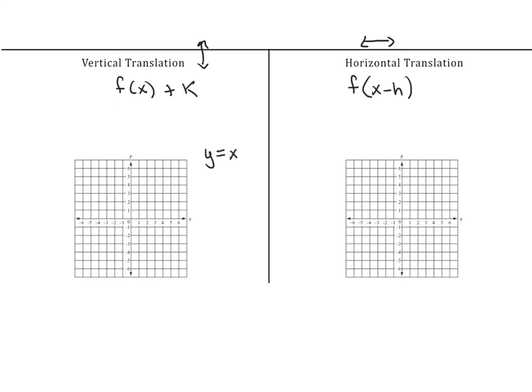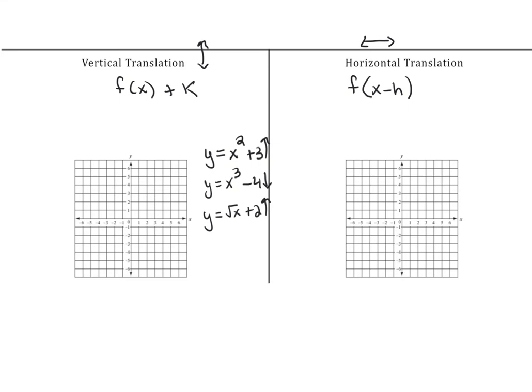So like y equals x squared plus 3. That would be a shift up 3. Y equals x to the third minus 4. We would shift the graph down 4. Y equals square root of x plus 2 is shifting the graph up 2. So you can kind of just see the general pattern.